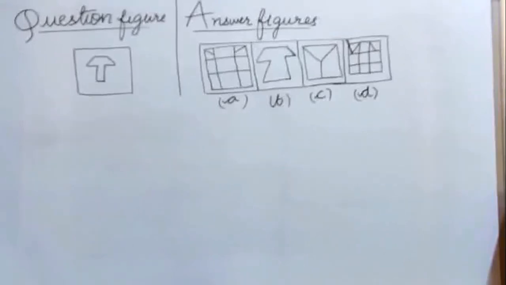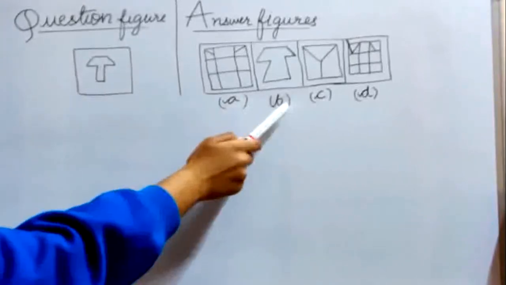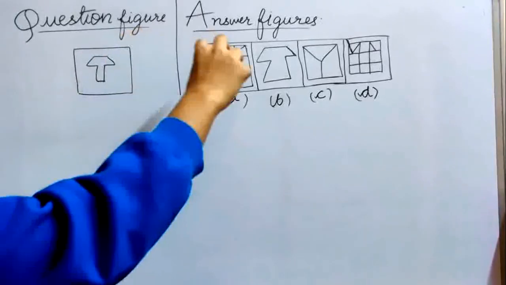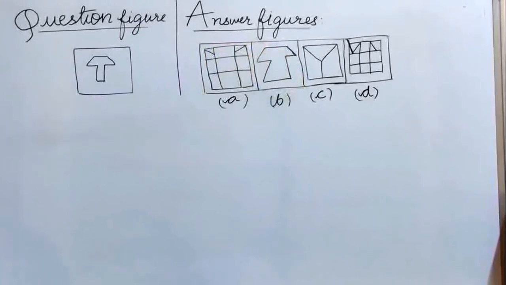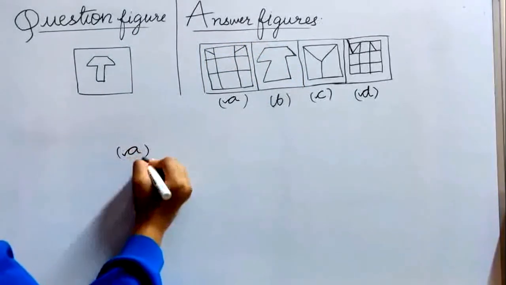If you can see here, you have been given a question figure and some answer figures, right? Now, we have to find out in which of the following options the question figure is embedded. Now, let us proceed to the first option, option A.